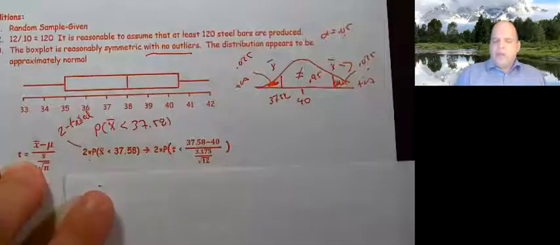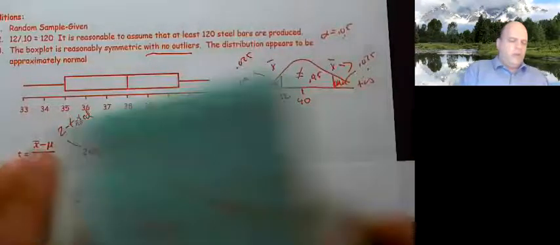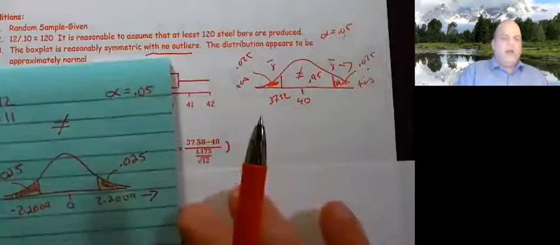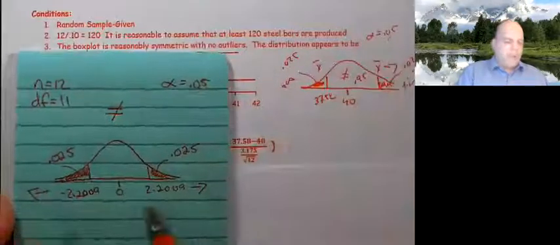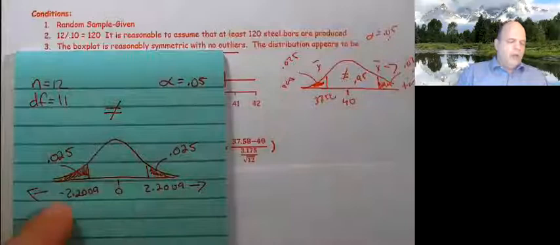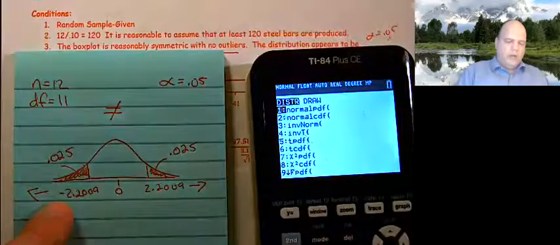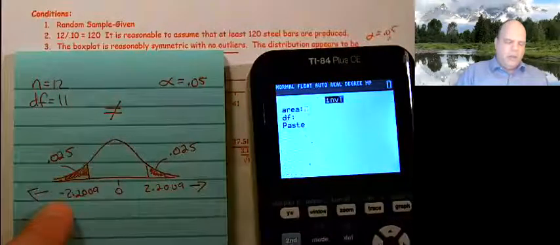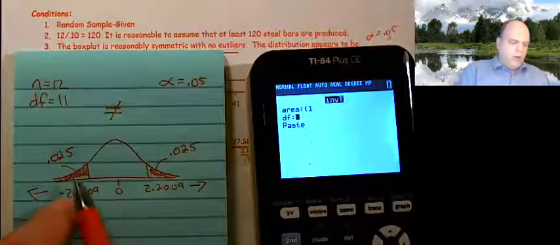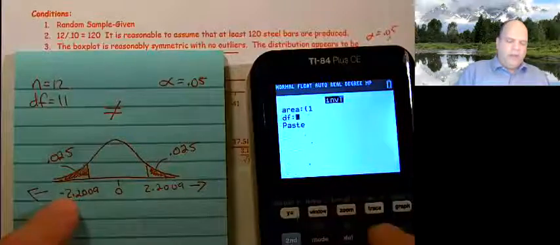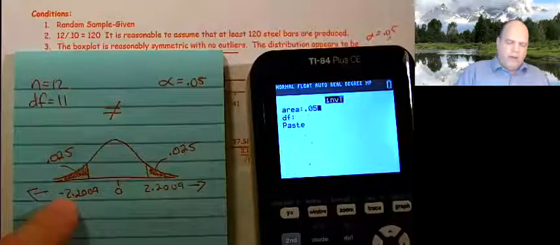Now, when I compare this to my critical values, I'm going to go 2nd Vars, invT. My area right here is 0.025 because it's 0.05 divided by 2.